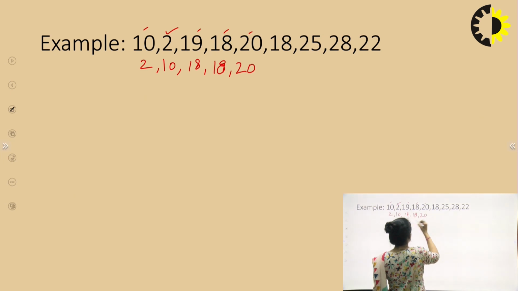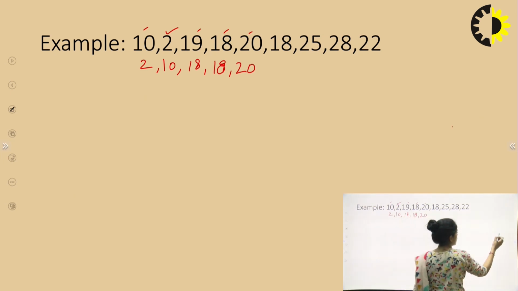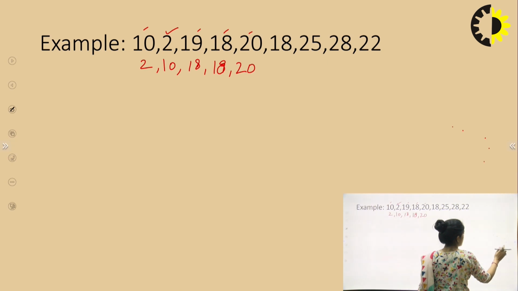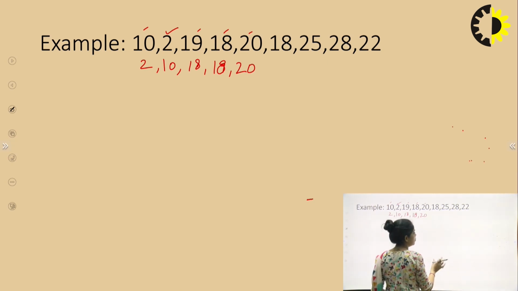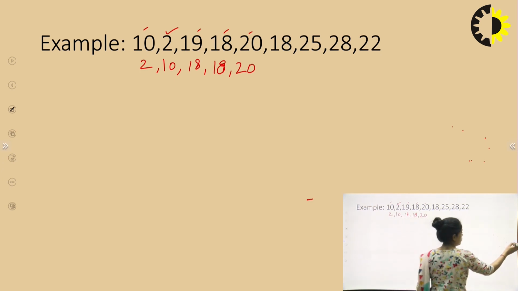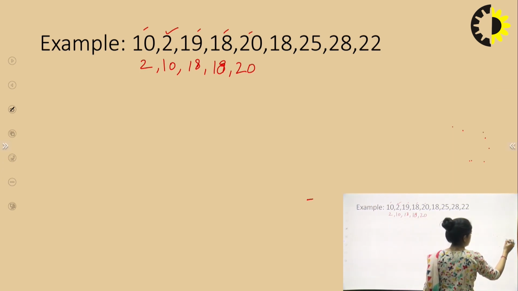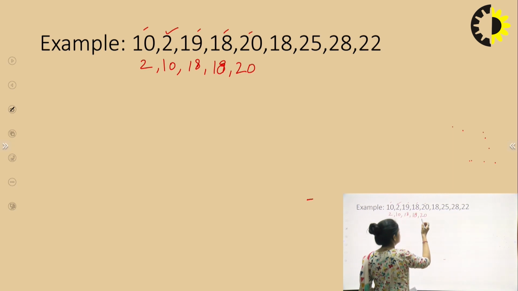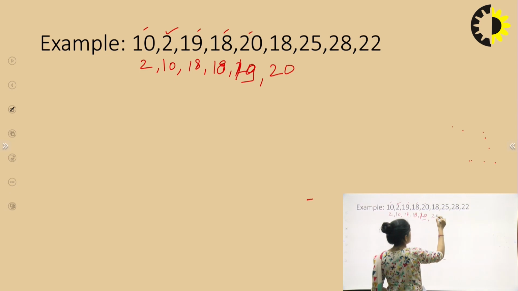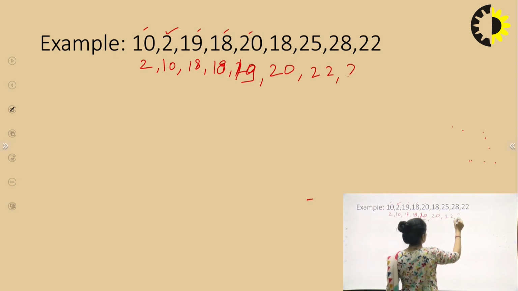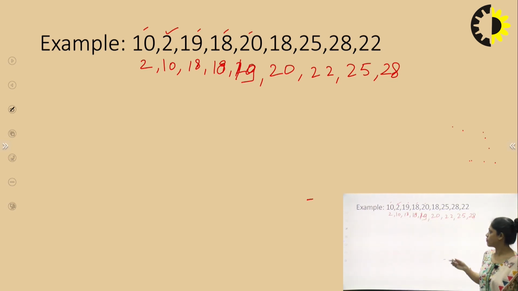It's 18 twice, then 19, 20, 22, 25, 28. Here we have these sorted values.